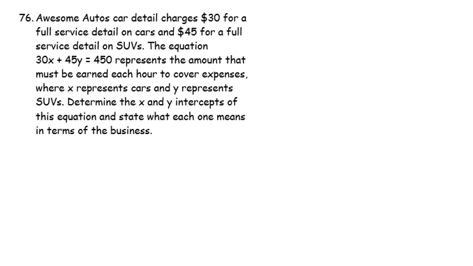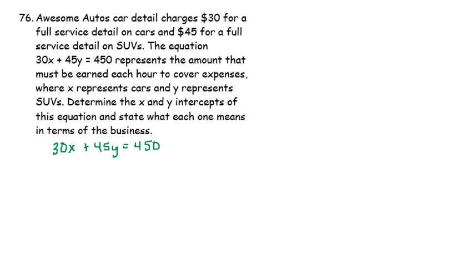Well, remember, the x and the y intercepts. The x-intercept is when y is 0, and the y-intercept is when x is 0. So our equation is 30x plus 45y equals 450.